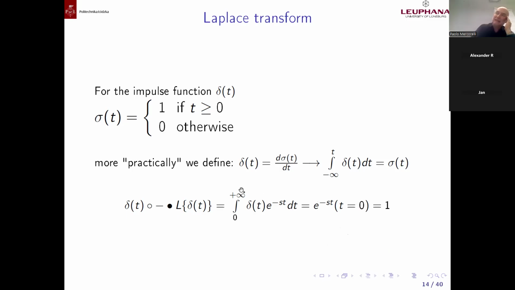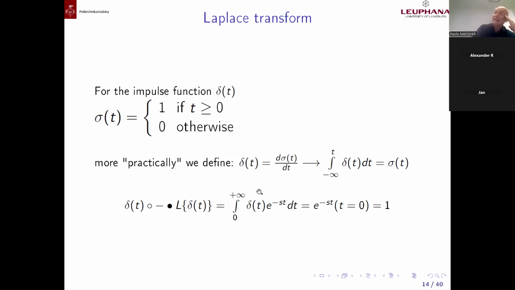I'm using the concept that the integral of delta multiplied by the exponential function e to the minus st is equal to the exponential function e to the minus st calculated at t equals 0. Why just at t equals 0? Because calculated at infinity it is 0.